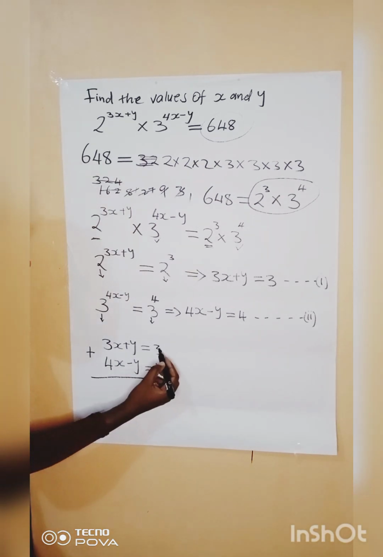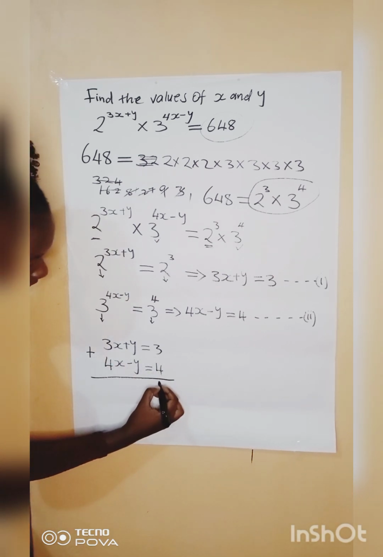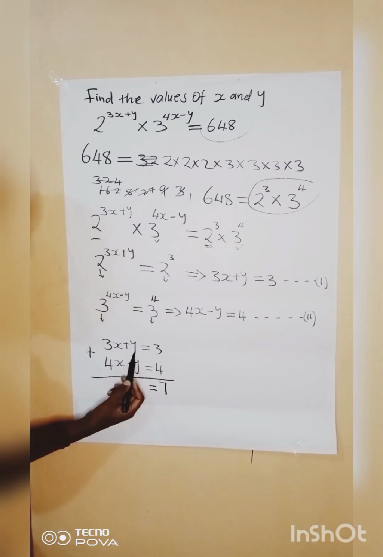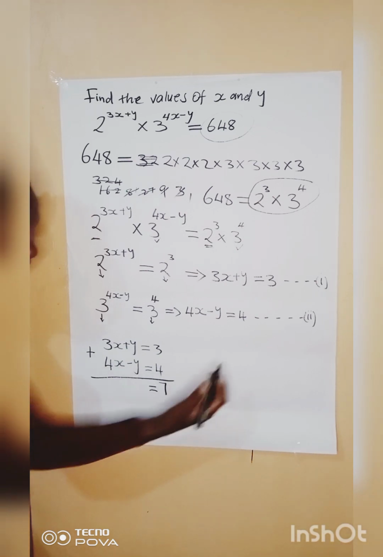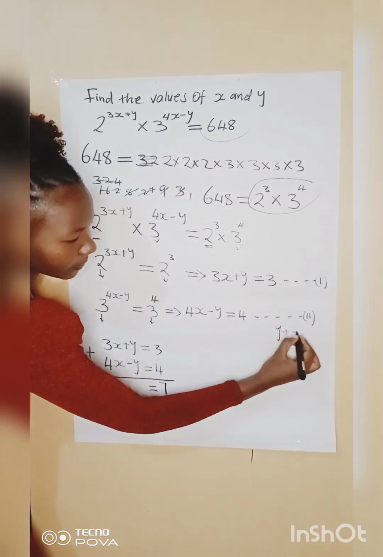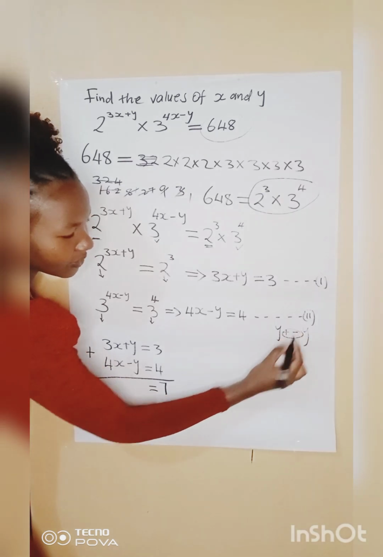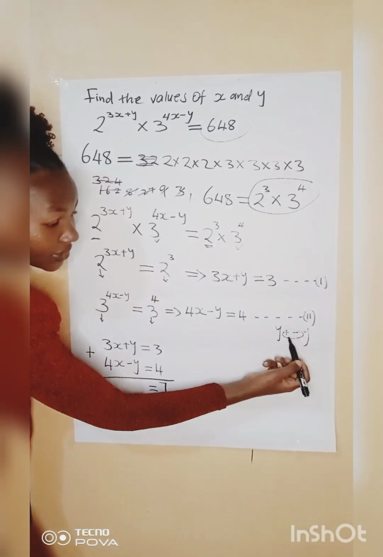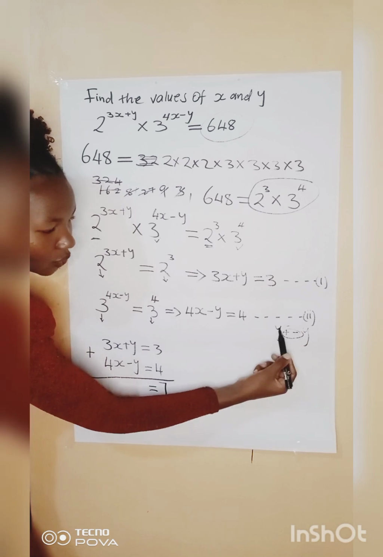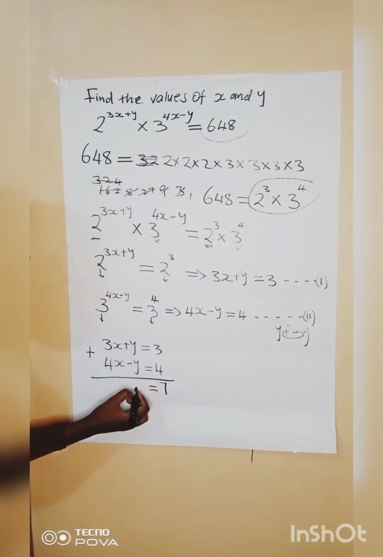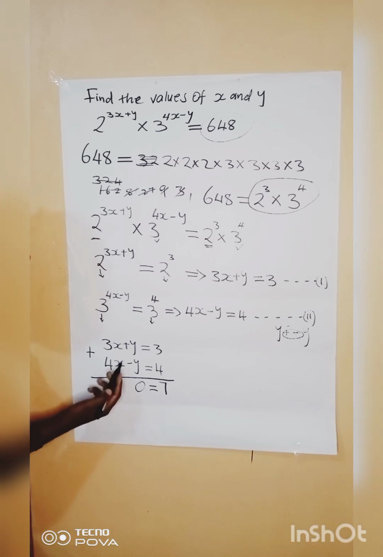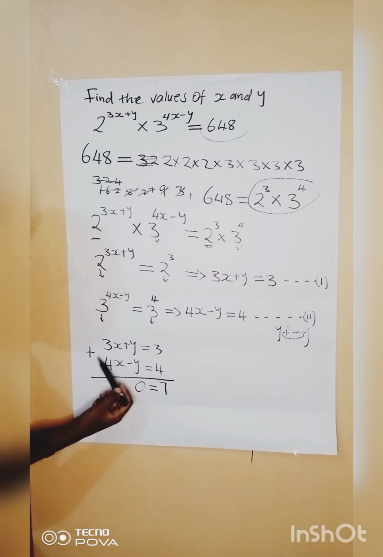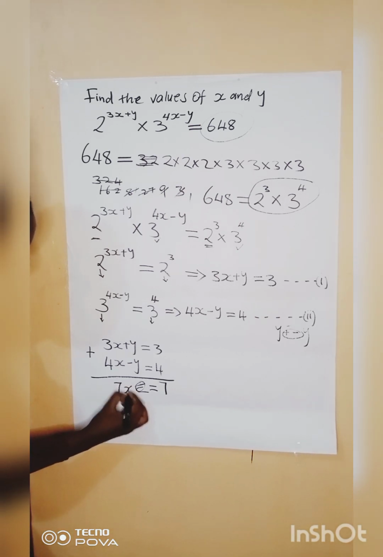So I can start with 3 plus 4, that is 7. We have y plus minus y. Again, we say whenever these signs follow each other, this one becomes minus. So y minus y is 0. So this one is 0. And then we have 3x plus 4x giving us 7x.